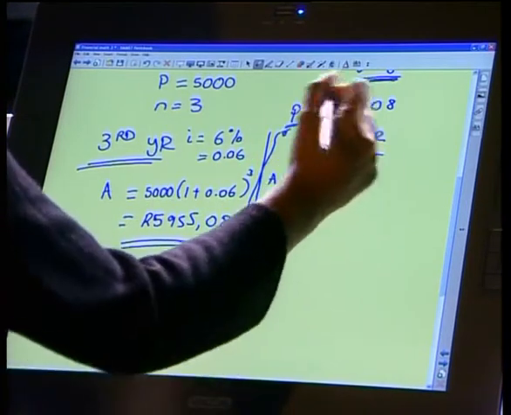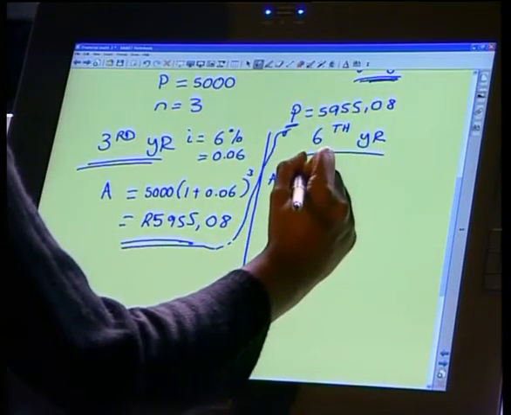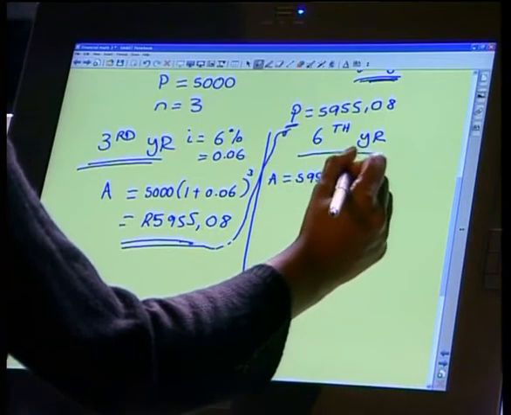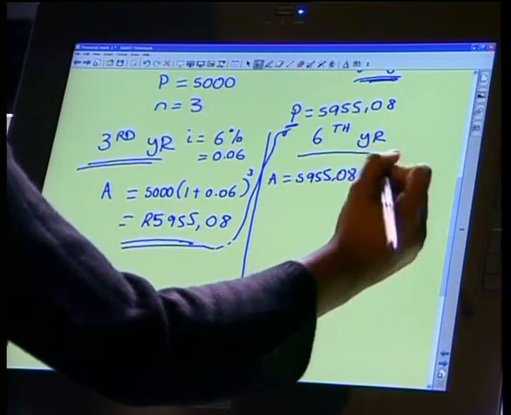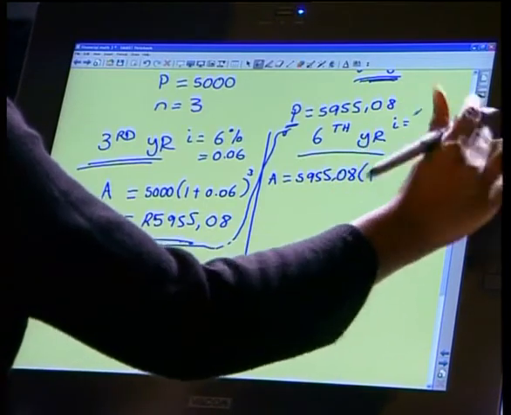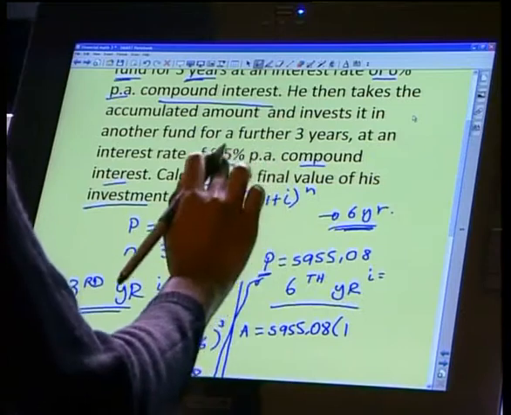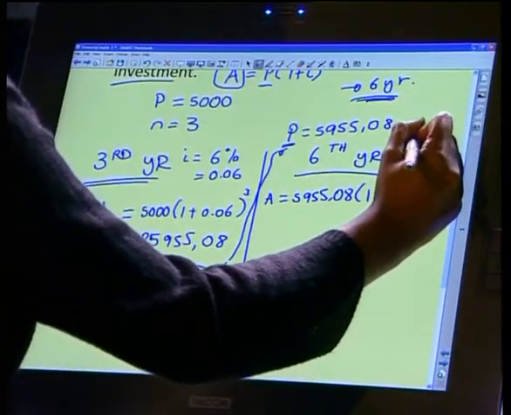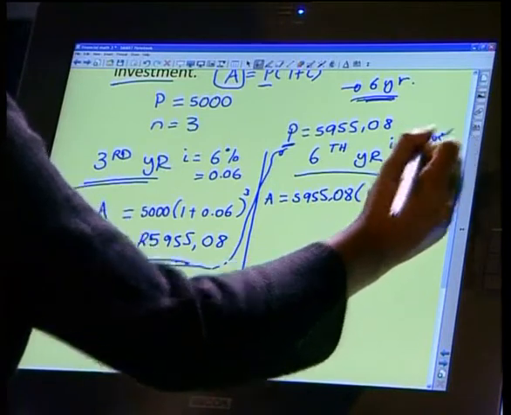So our A at the end of the 6th year would be equal to 5,955 Rand and 8 cents. We invested, this time the effective interest rate is 8.5% per annum. So I is 0.085.